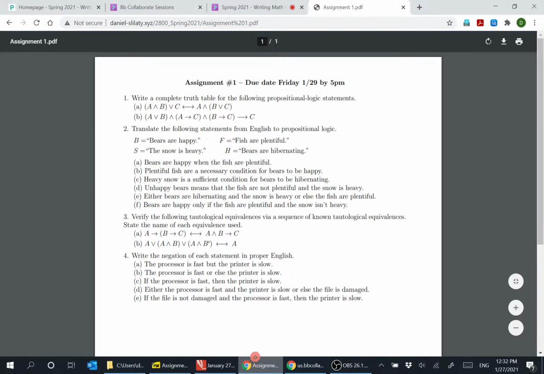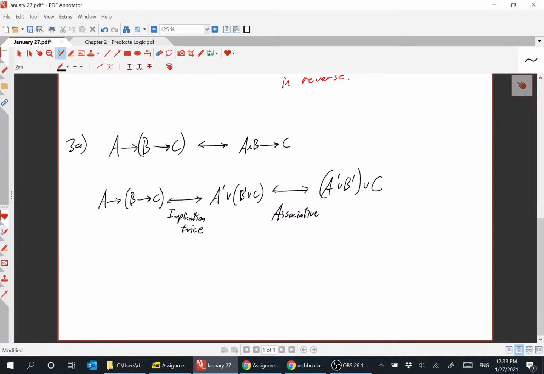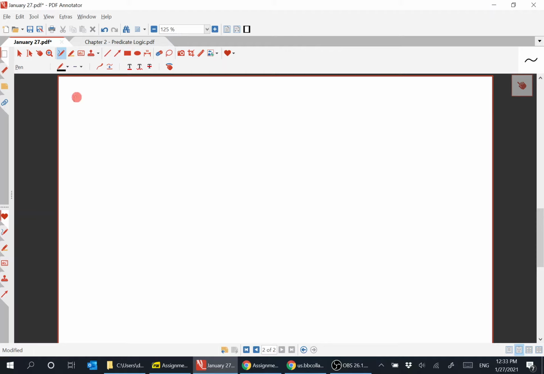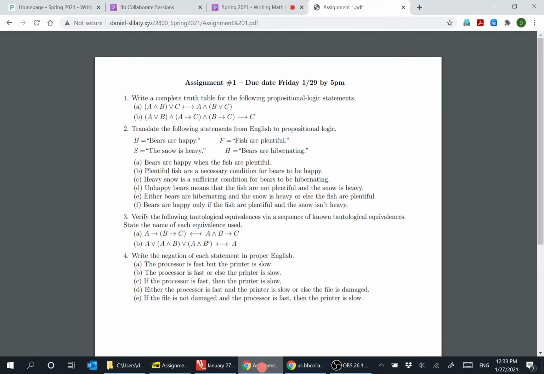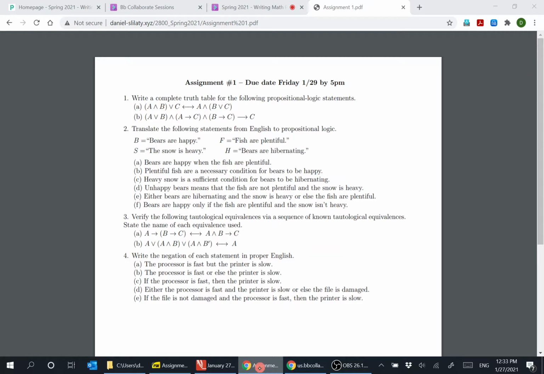So for E. Yeah. For E, if the file is not damaged and the processor is fast, then the printer is slow.